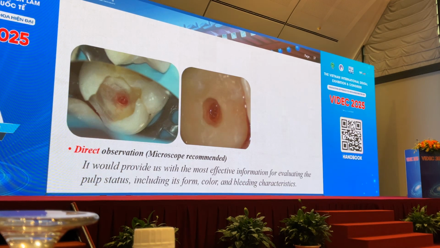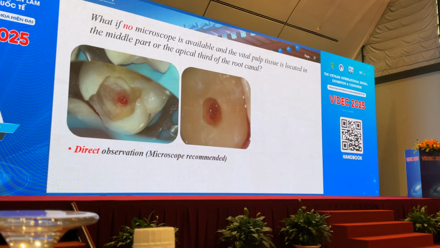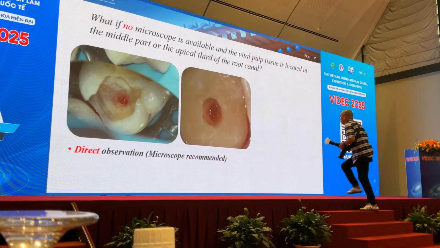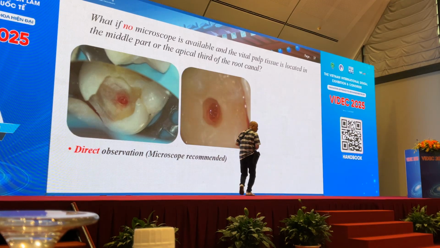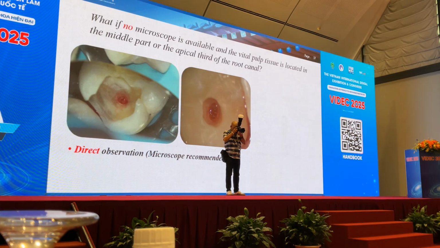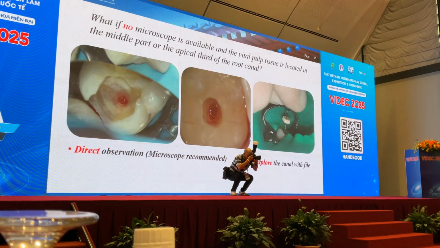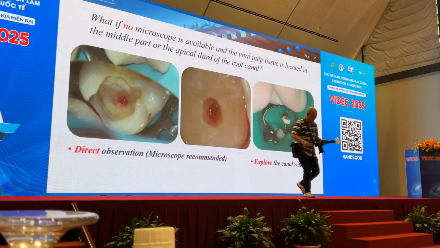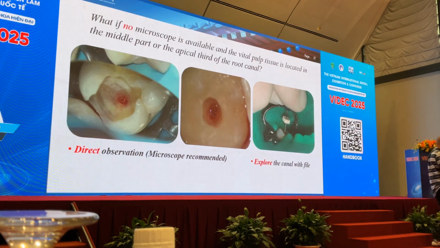But what if no microscope is available in your dental clinic? Or what if the vital pulp tissue is located in the middle part or the apical third of the root canal? What can we do to evaluate vitality? We can just explore the root canal with a file, simply and gently, right?